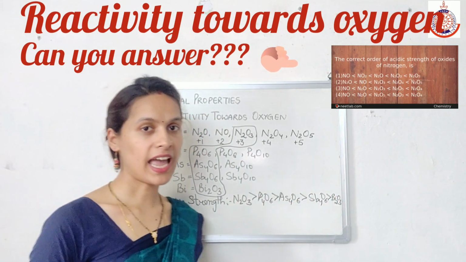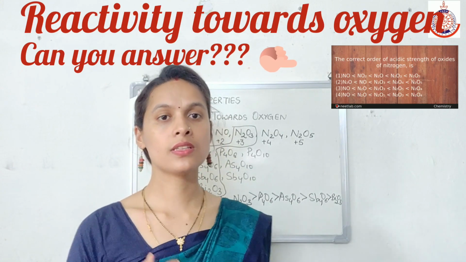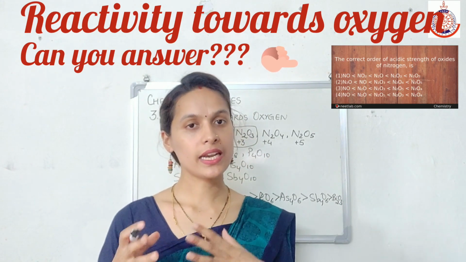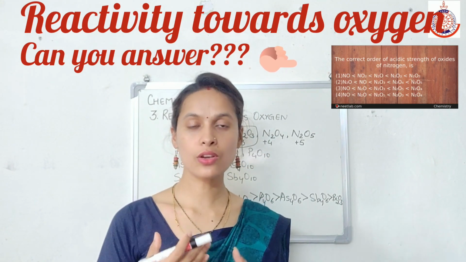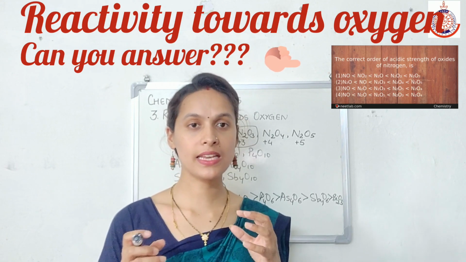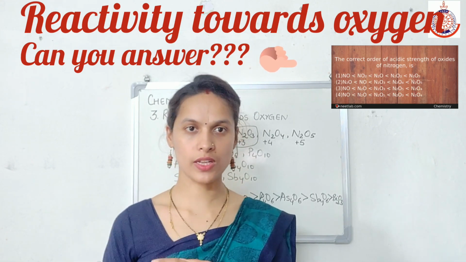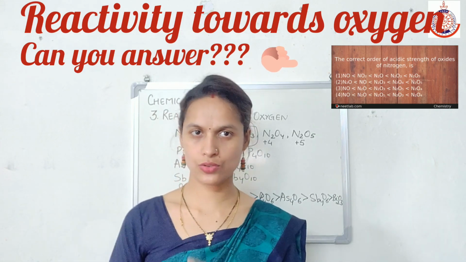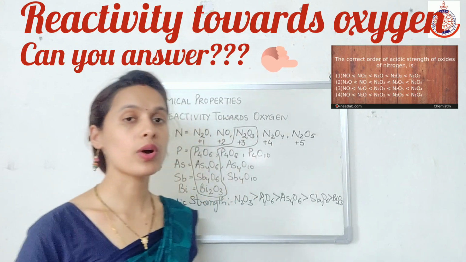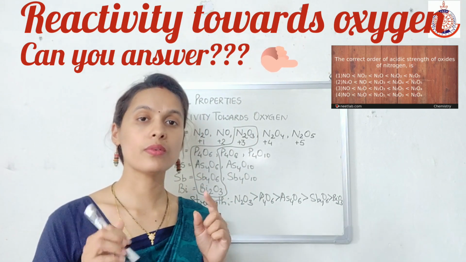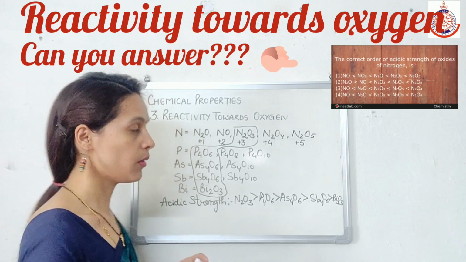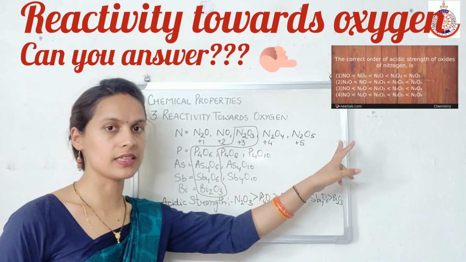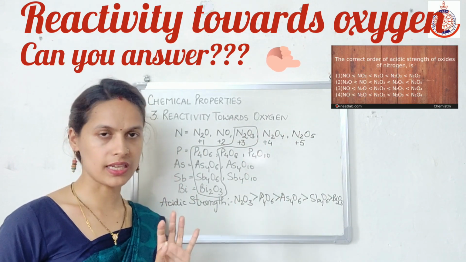So if we have oxides in which the oxidation state of the central atom is the same, then we'll arrange those oxides in increasing or decreasing order of acidic strength by seeing their electronegativity. Greater the electronegativity of the central atom, greater is the acidic strength. But suppose we have to arrange the oxides of one atom, means oxides of a single atom, in the increasing or decreasing order of their acidic strength.